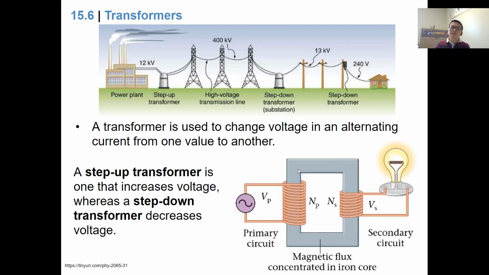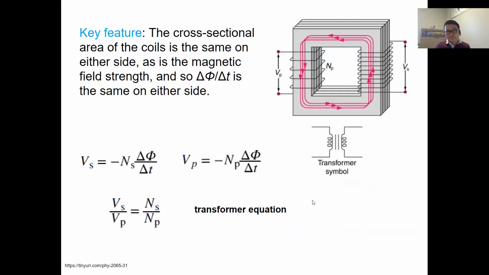Because the flux through each of the coils here is the same as the flux through each of the coils there, it depends on how many turns of coils you have on either side. More turns on one side means the voltage on that side will be more, because voltage is related to the induced voltage from the flux through your coil. Faraday's law comes into play.